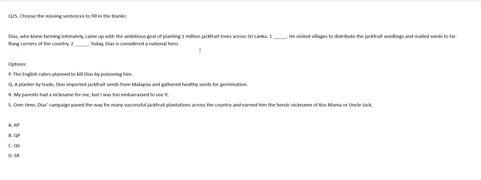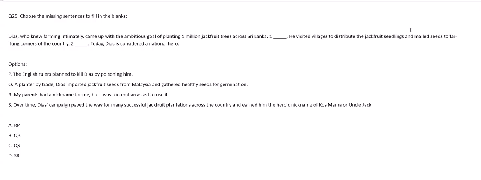He's planning to plant 1 million jackfruits. Okay, next comes blank one. Next, the third sentence: he visited villages to distribute the jackfruit seedlings and mailed seeds to far-flung corners of the country. Okay, what is the third sentence telling? He visited village by village, and he distributed all the jackfruit seedlings.